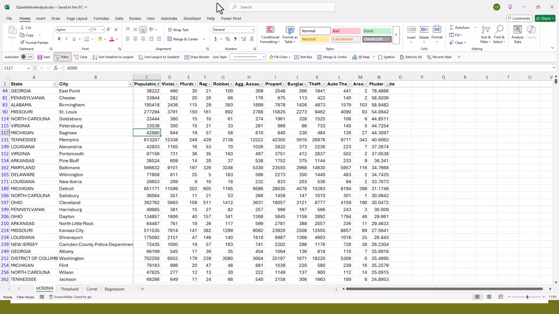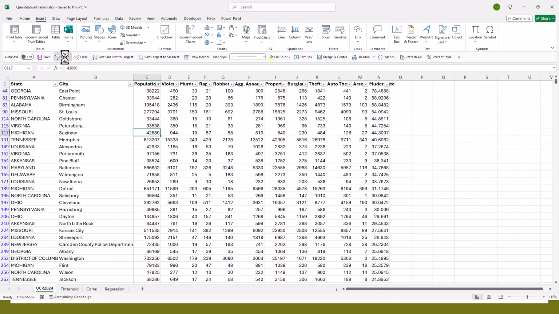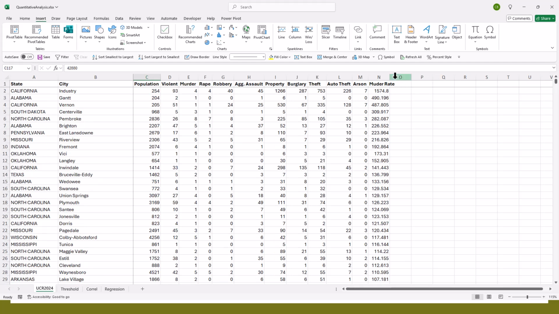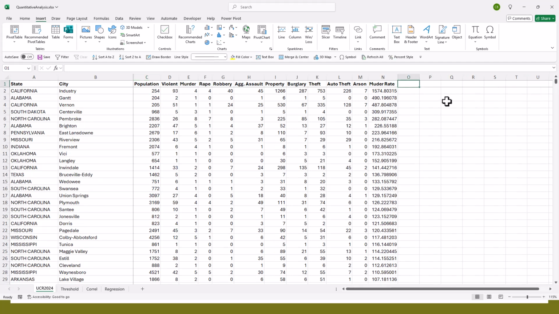So if you've got any filters turned on, go ahead and turn them off. And let's calculate, not next to the murder rate, let's calculate the overall violent crime rate. Violent rate.